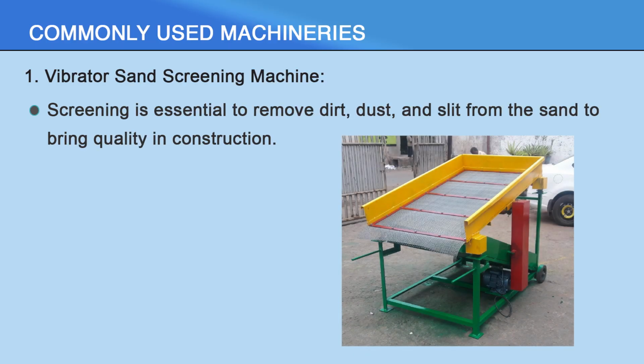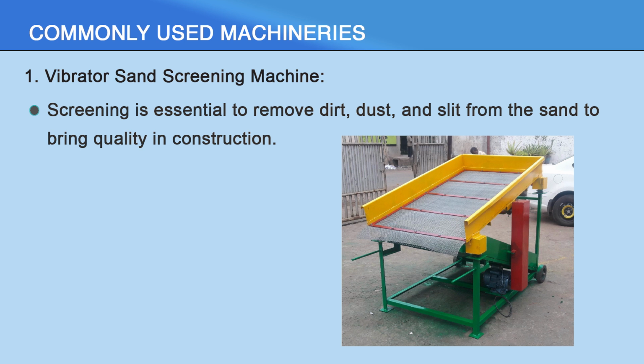Now, the most commonly used machineries on a construction site. Now we are going to discuss some of the important machineries used in construction work. Vibrator sand screening machine. Sand, before it is put to use, is screened and washed.